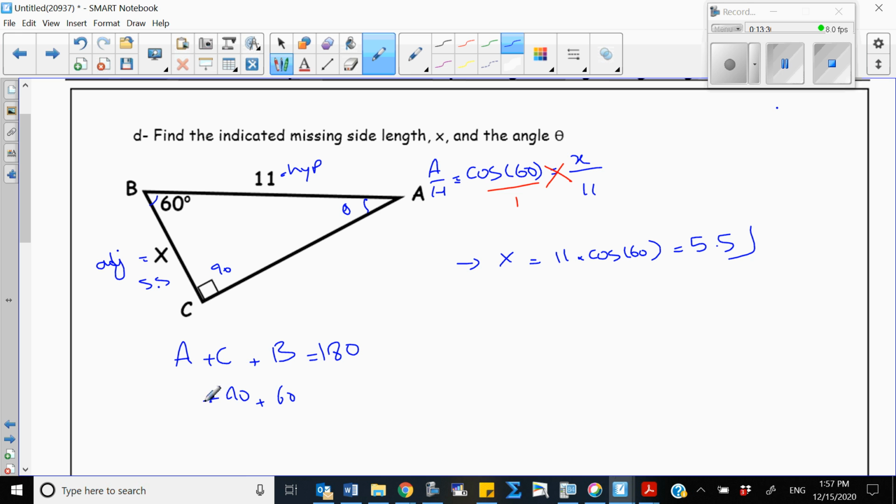And I'm looking for A. So just simply subtract them from 180. A plus 90 plus 60, which is 150, equals 180, and A will be 180 minus 150, which is 30 degrees. So that's how I can find the other angle.